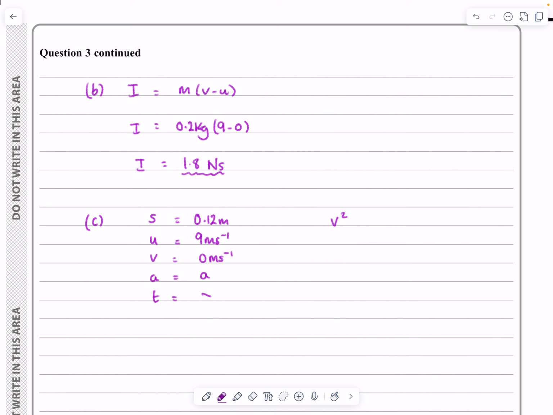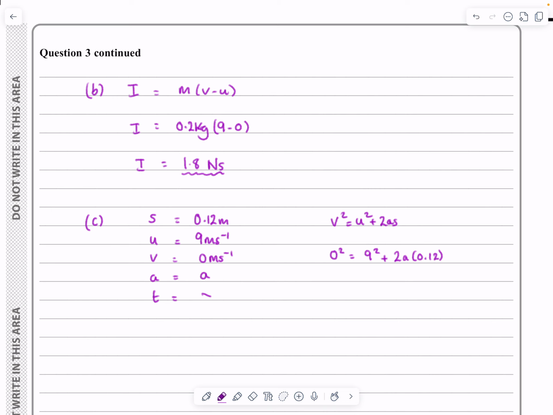That's going to be v squared equals u squared plus 2as. So when we put this in, 0 squared is equal to 9 squared plus 2 lots of a lots of 0.12. Obviously, I'm expecting a to be negative, because it's slowing something down to 0.